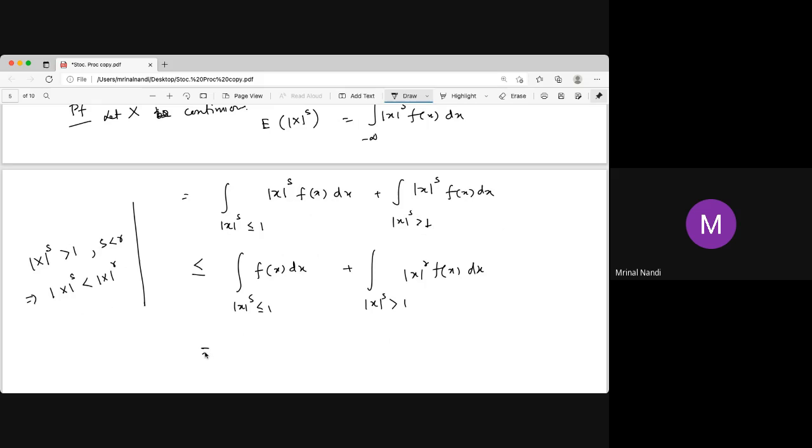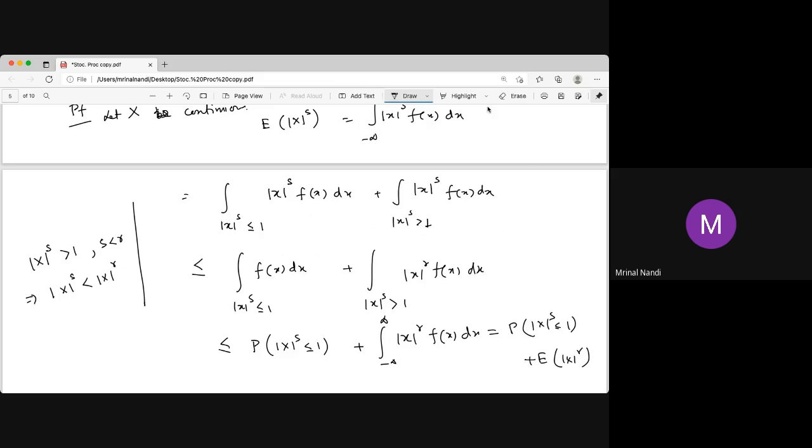Now this is equal to the probability of |X|^s less than or equal to 1, and the second part is the integral from minus infinity to infinity, and that is an expectation. So this is the probability of |X| less than or equal to 1 plus the expectation of |X|^r.